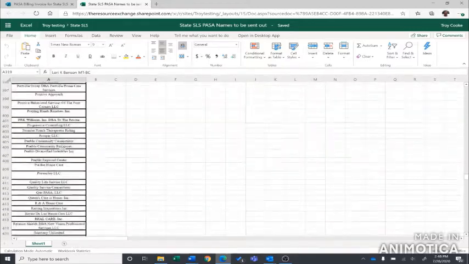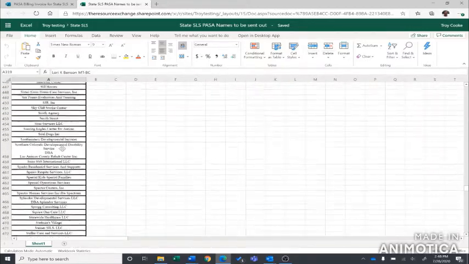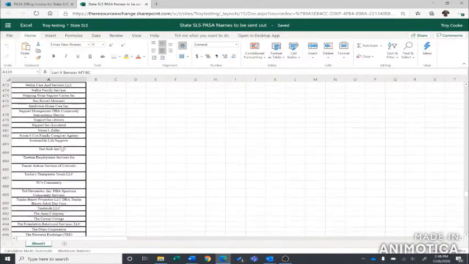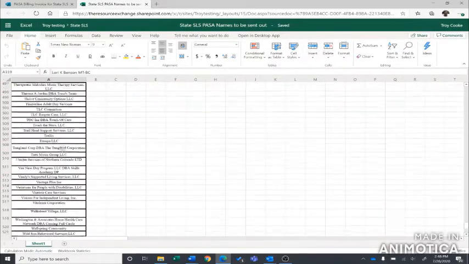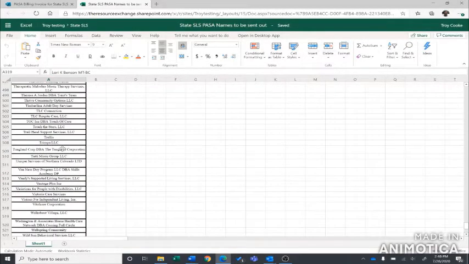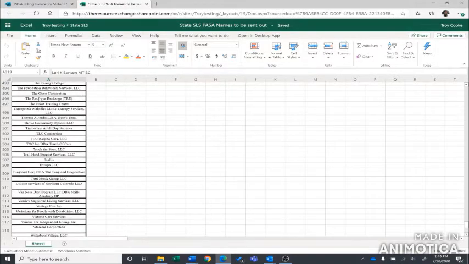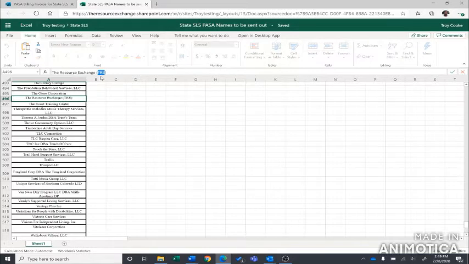But let me go down to the resource exchange and give you an example of what might be helpful. For the resource exchange, we have the resource exchange, parenthesis, TRE. So if I'm working for the resource exchange and I'm submitting a billing, then I can use the resource exchange or just TRE.